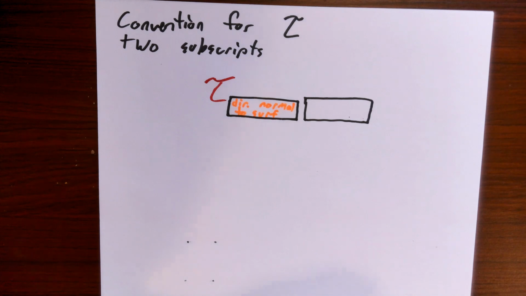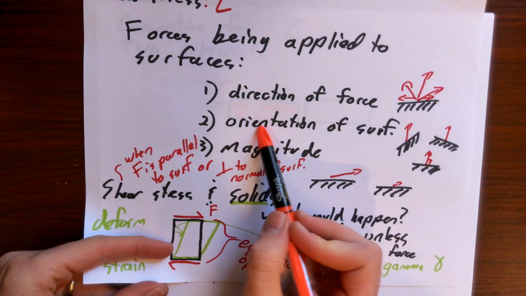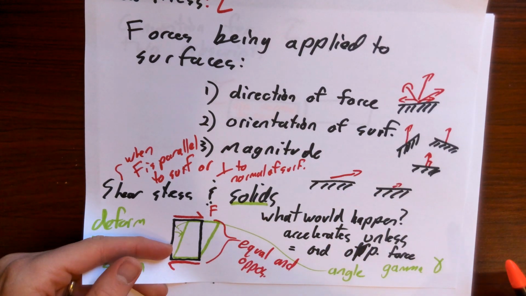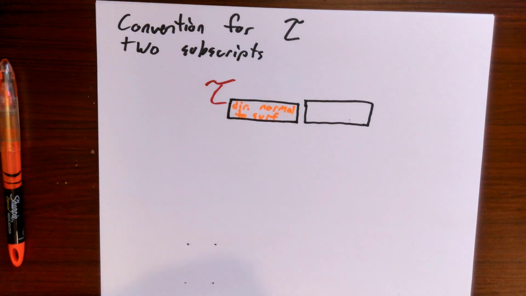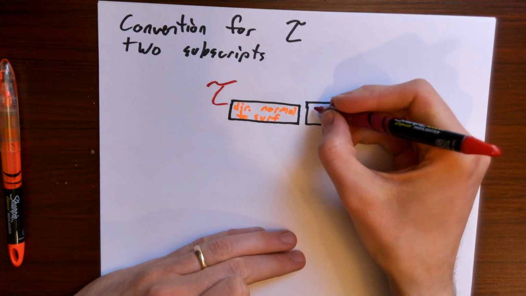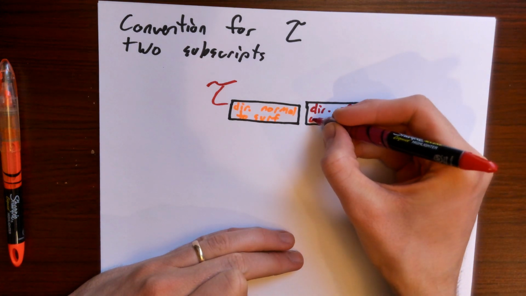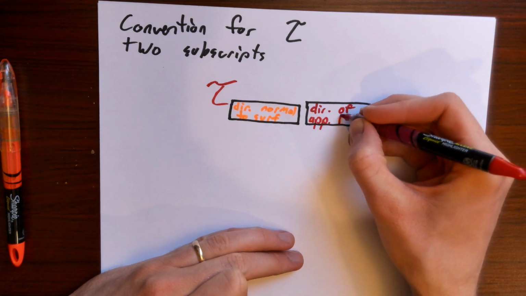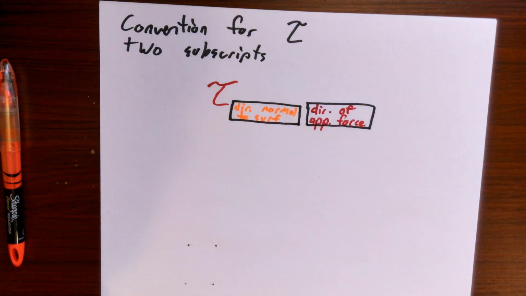So if we go back to this, the first subscript is actually this second piece of information here, and then the second subscript helps us define the direction of our applied force.